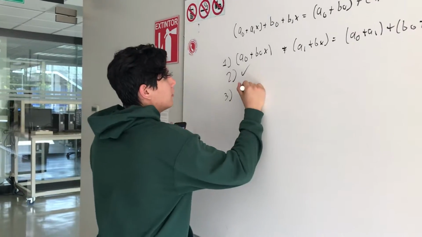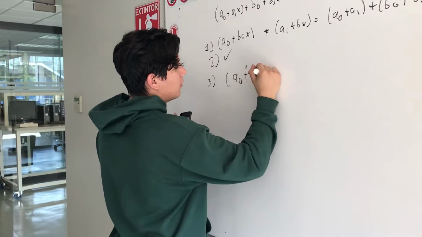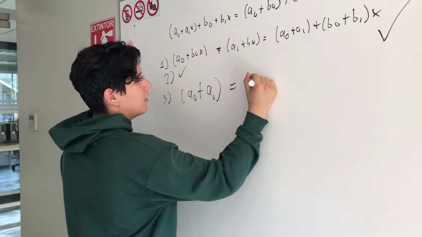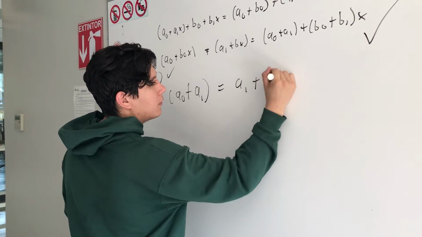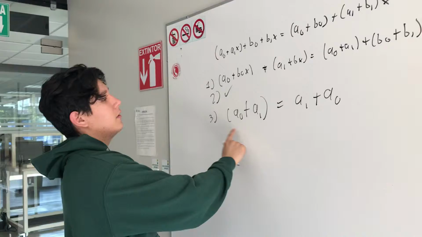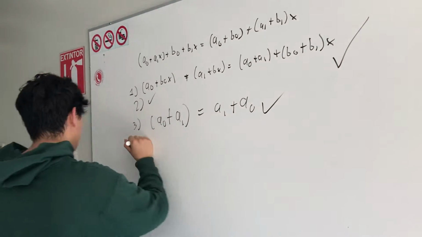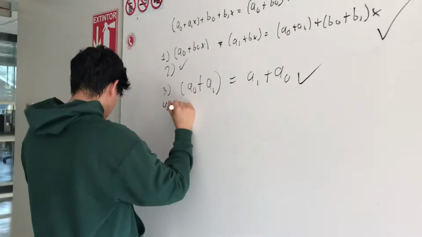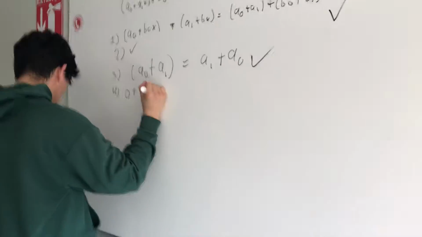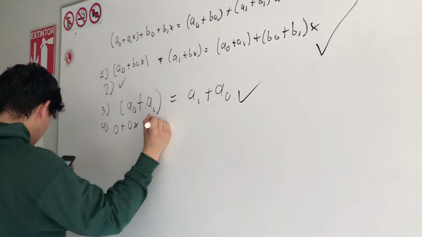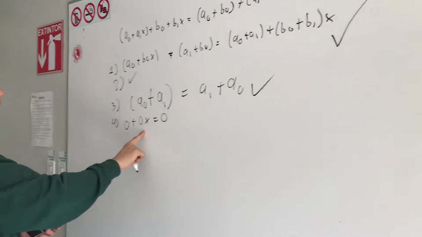and this says if a10 plus a1, we say that a1 plus a0. So we can say that this is the same as this. So in this case, it's the same. We go to axiom 4. We let 0 plus 0 times x.